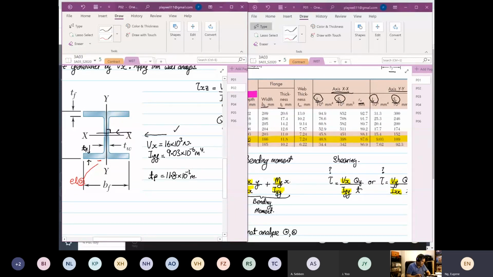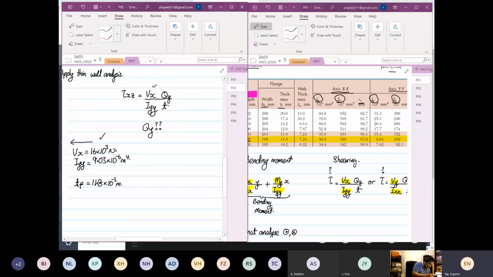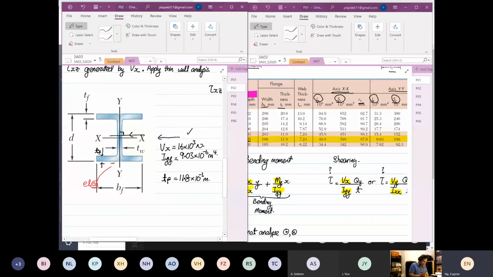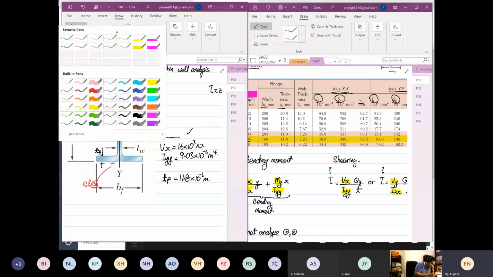So now when you look at this, you know your Vx, Iyy and your t. This is the part that you don't know. It's thin wall analysis, your Vx is going here, and you're going to sketch your shear flow.